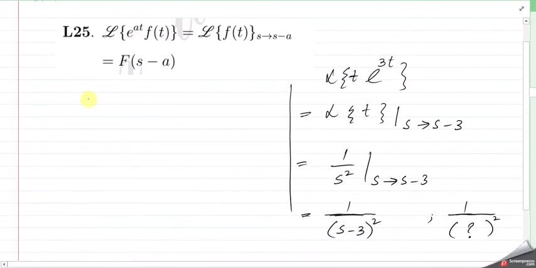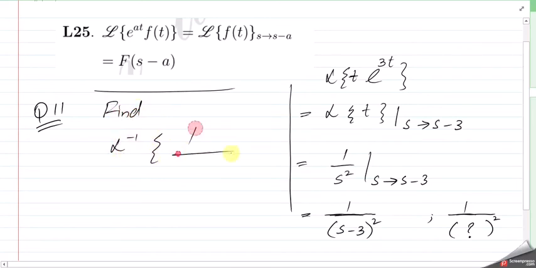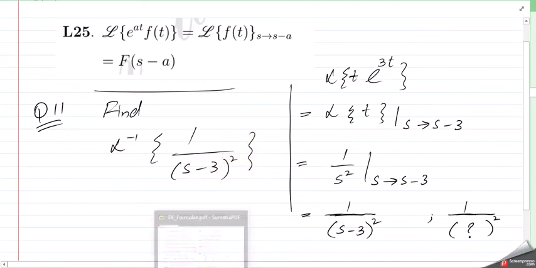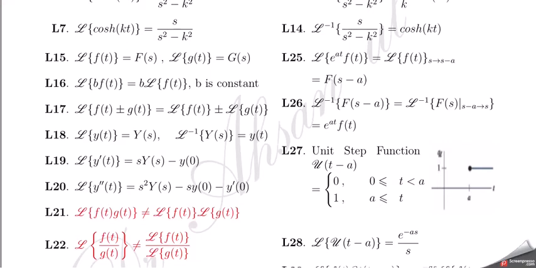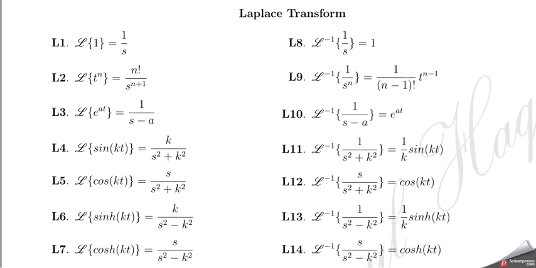So let's say the question in exercise question number 11 says find Laplace inverse of 1 over s minus 3 square. Alright, what are the formulas we have for inverse? Let's go back and see. Here is the list of formulas for inverse.